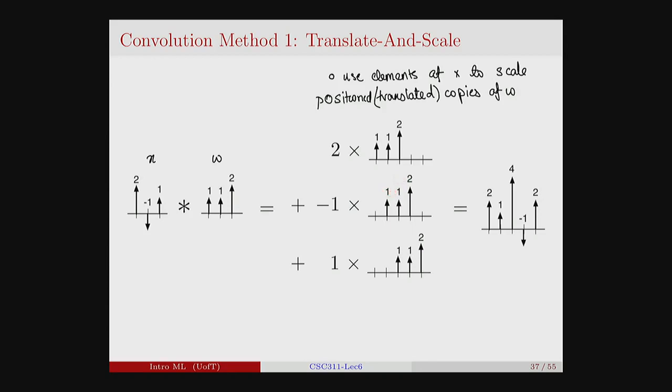Then I'm going to take my filter W again and center it in the position corresponding to where 1 is in X, which is the third position. That gives me 1, 1, 2. Then I'm just going to add these numbers up. That gives me 2, 2 minus 1, 1 plus 4 minus 1, and 2.